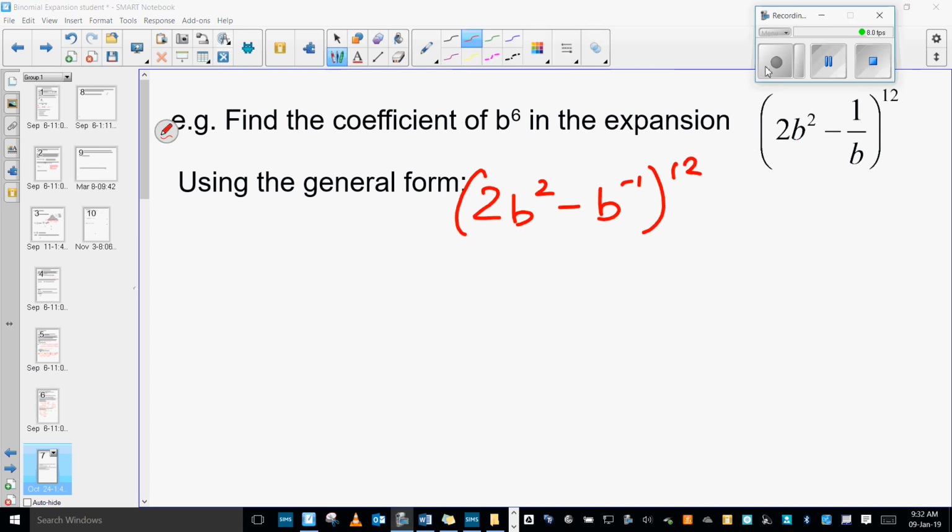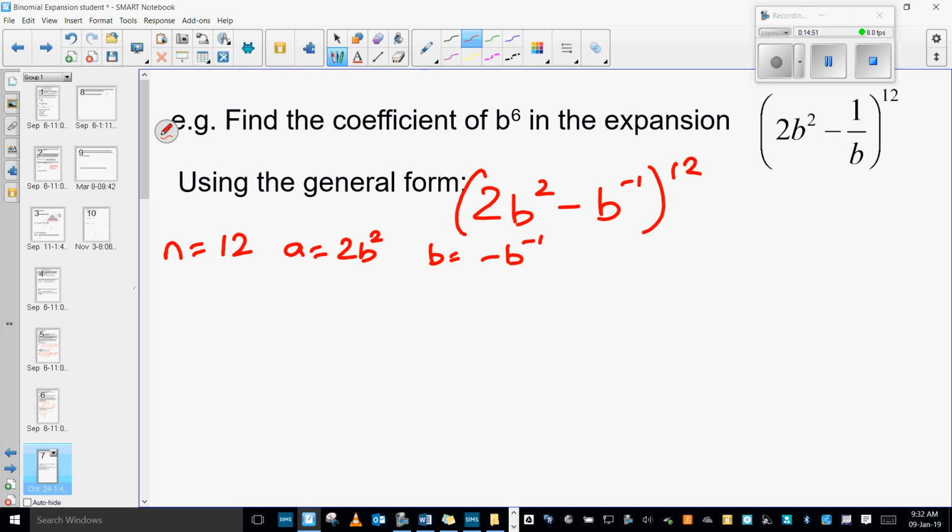All we've done is rather than write 1 over b, we've written b to the power negative 1. And again, we need to identify n, a, and b. N is 12, a is 2b squared, and b is negative b to the negative 1.